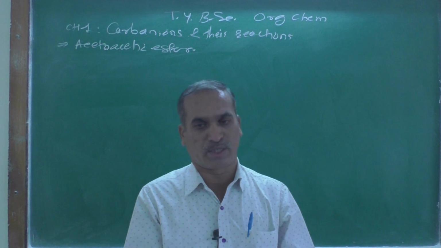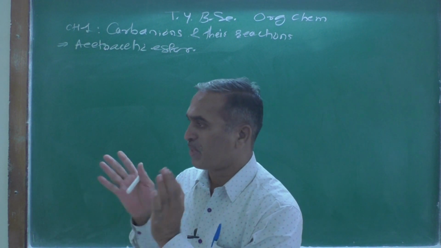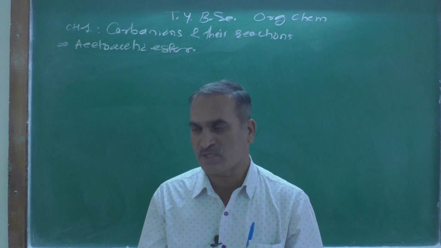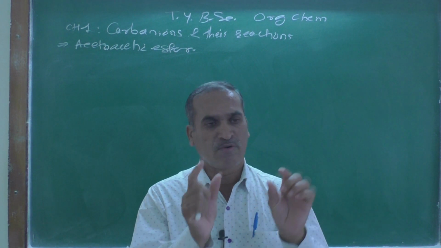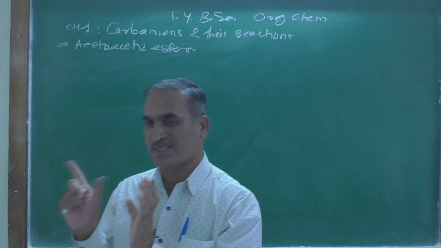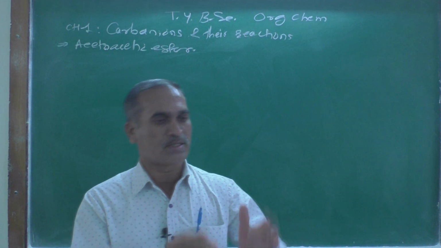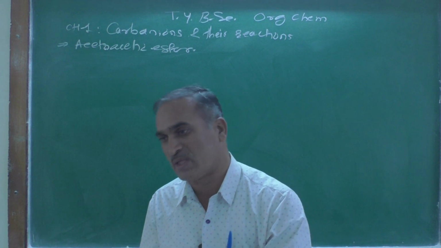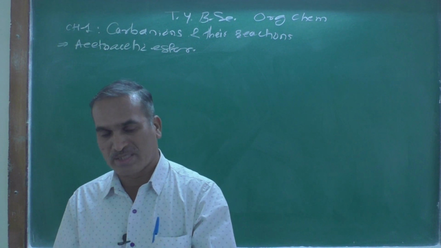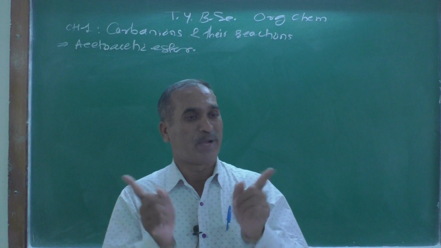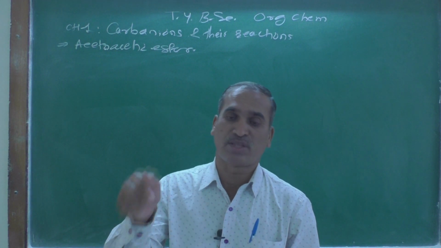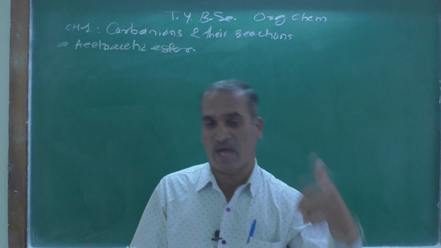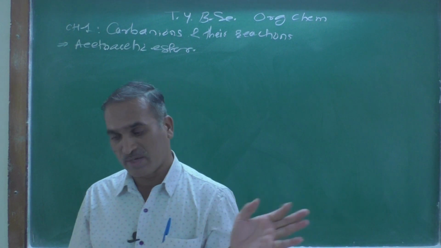Two identical molecules treated in the presence of sodium ethoxide give acetoacetic ester. A reactive methylene group is present, and it is better stabilized than in the malonic ester which we learned in a previous lecture.